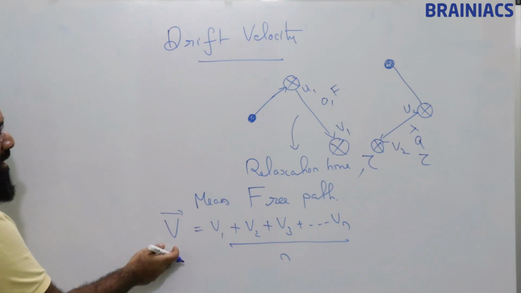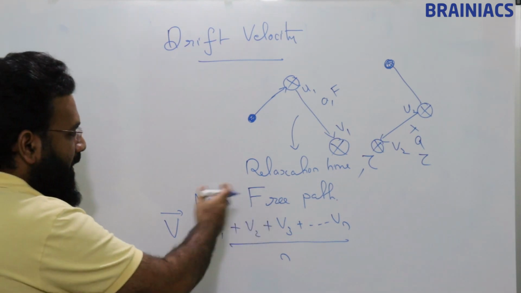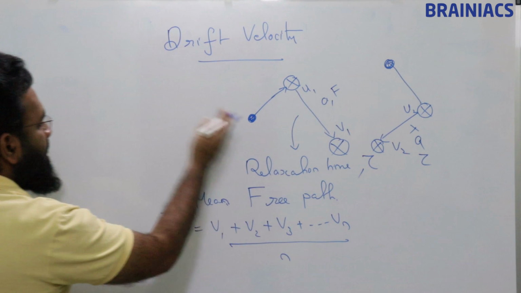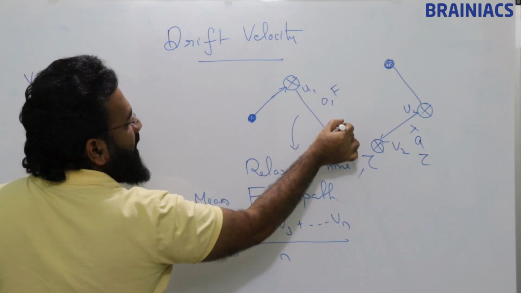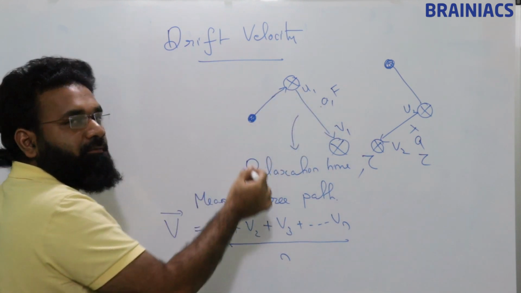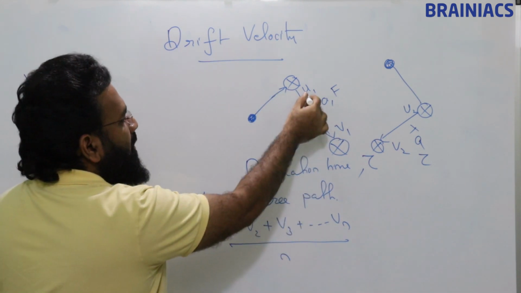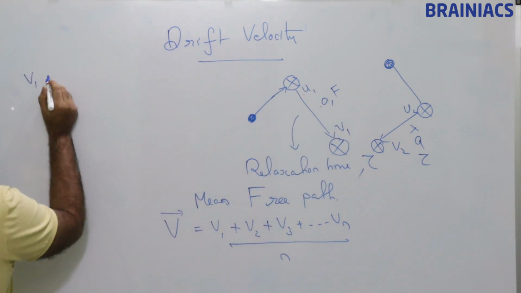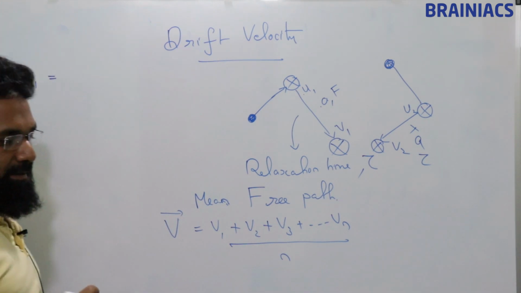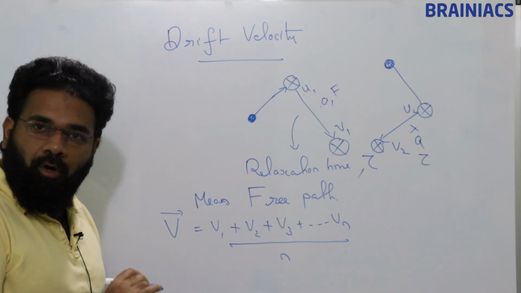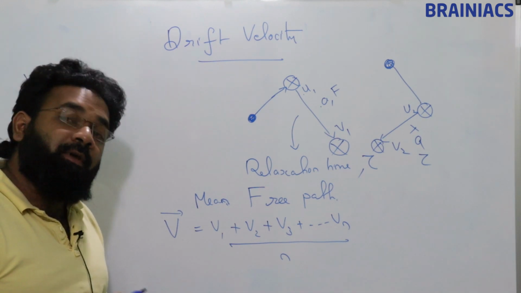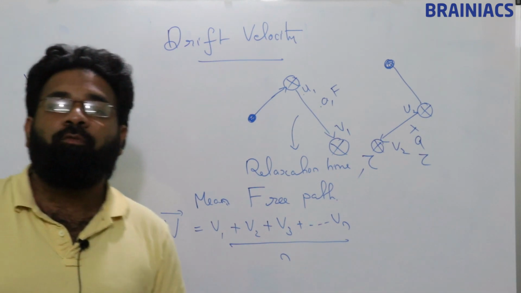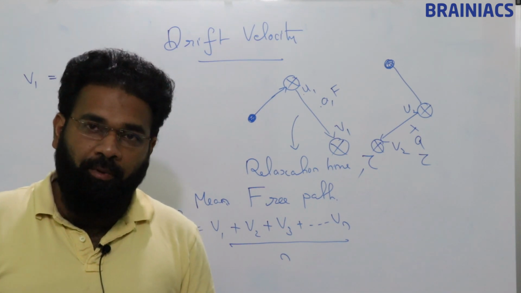So drift velocity is nothing but the average velocity of all the electrons put together. So how to find V1? Here, under the influence of force and acceleration, U1 becomes V1. If there is a constant force, there will be constant acceleration. Under that case, how do we find velocity? We have studied that in motion in one dimension in the first year topic.